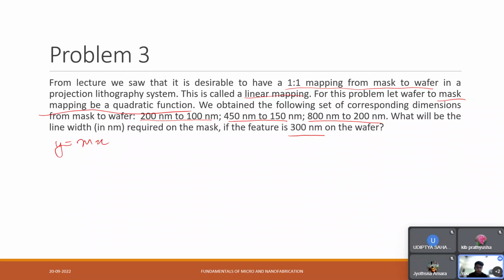So you can start with a general function of quadratic nature, and then put in the values. That might help you solve this question. Like here we have y equal to mx, you can put in something general and try to fit it.